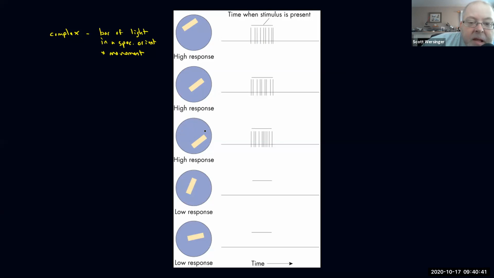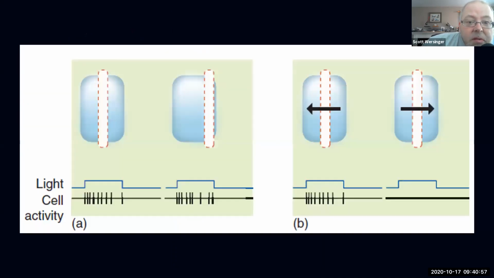If the bar is at a different orientation, like here, we get a low response or no response. Okay, so here we're sensitive to a bar of light in a specific orientation. Okay, so again, just showing you what goes on here.